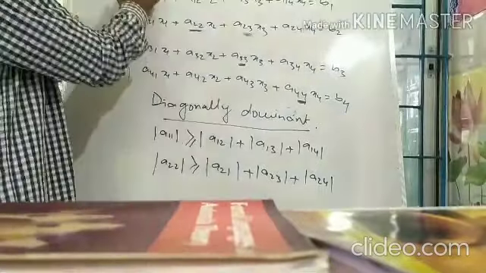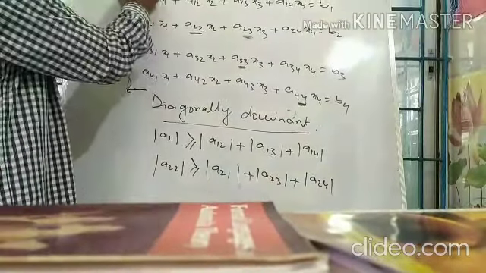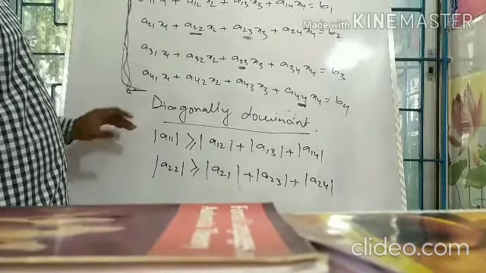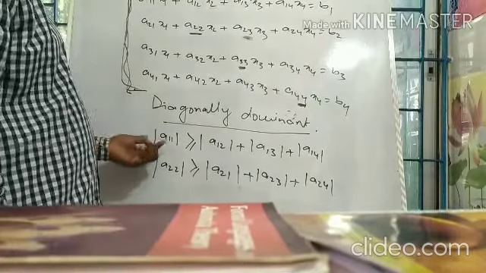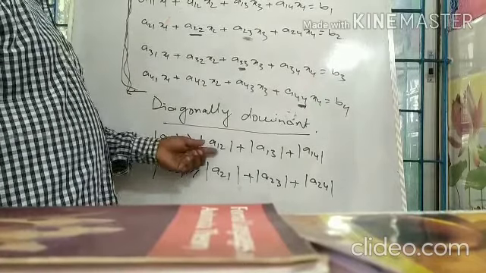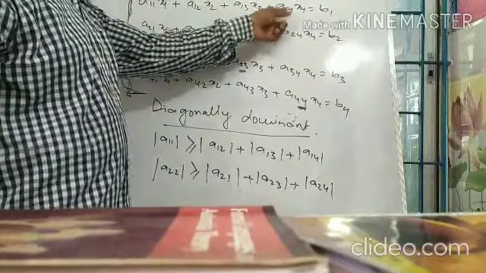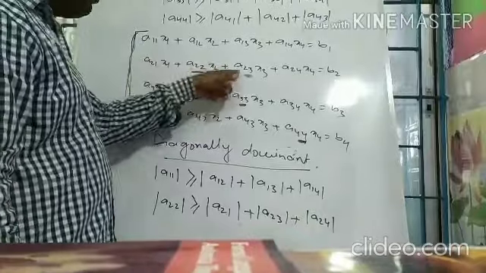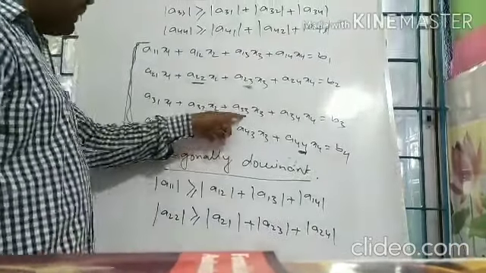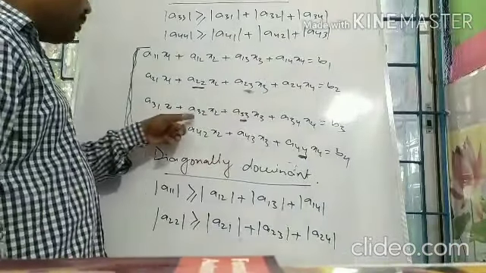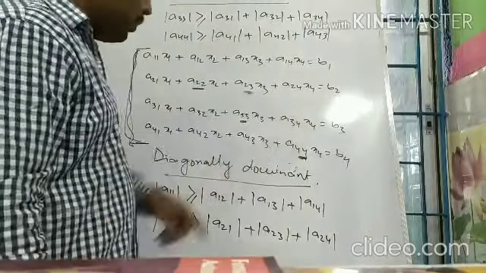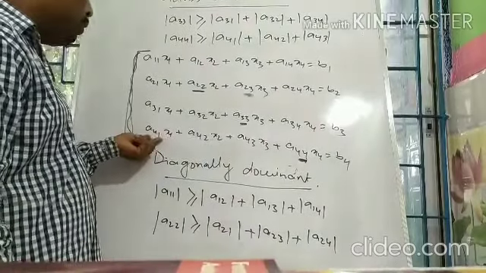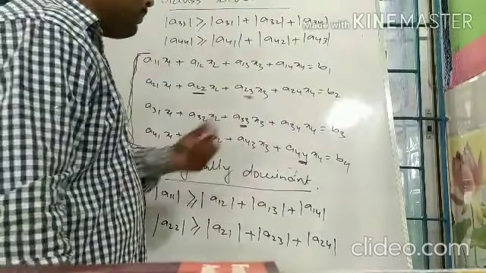Okay, so this four variables system of equations is solvable under Gauss Seidel iteration method if it is diagonally dominant. That is mod a11 greater than equals to mod a12 plus mod a13 plus mod a14, mod a22 greater than equals to mod a21 plus mod a23 plus mod a24, mod a33 greater than equals to mod a31 plus mod a32 plus mod a34, and mod a44 greater than equals to mod a41 plus mod a42 plus mod a43.